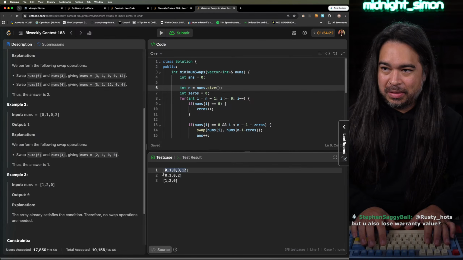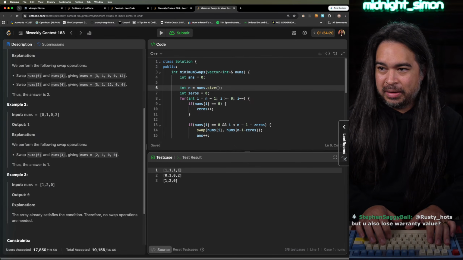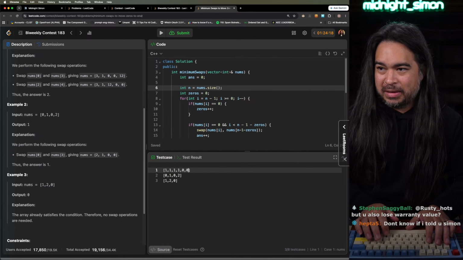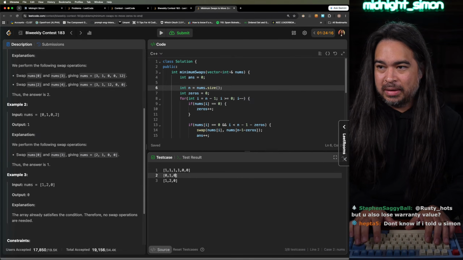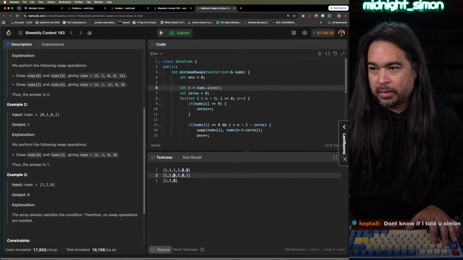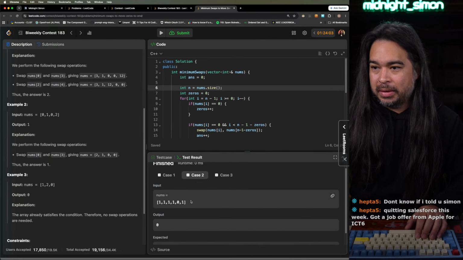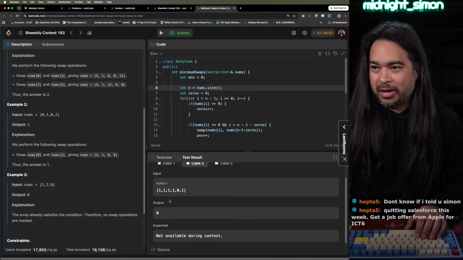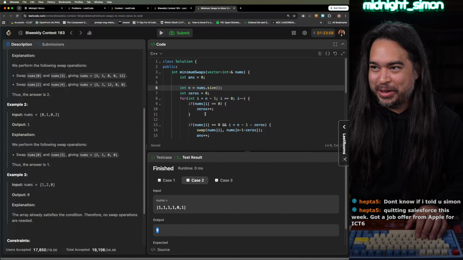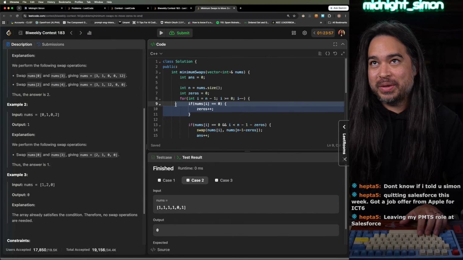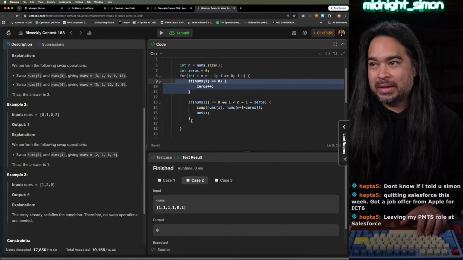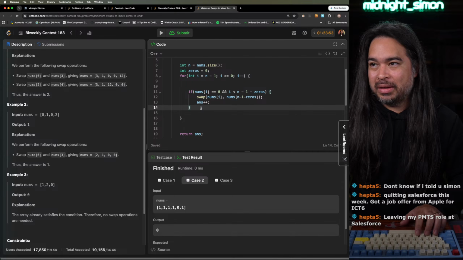Maybe I should make some test cases. Let me see. I'm probably just gonna send it though. Alright, see, look, nah, good thing I didn't send it because this is a bug. So maybe I should count my zeros after.